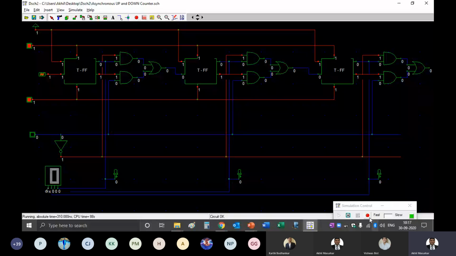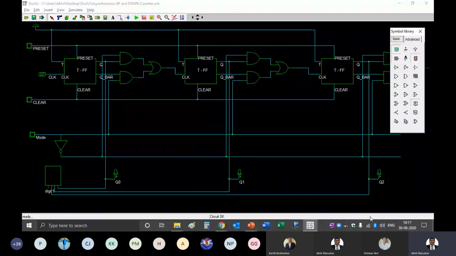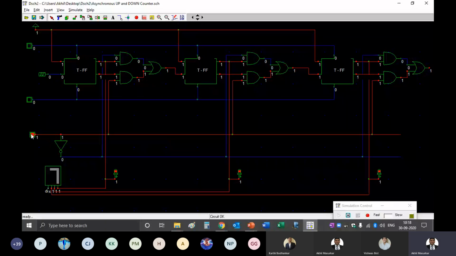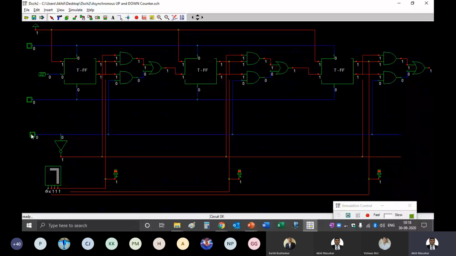So I just stopped the simulation so that you can copy this circuit properly. You should know that if I keep this 1 and make this 0, then if you see AND gate number 1, the top AND gate, both the input lines to the AND gate are red.